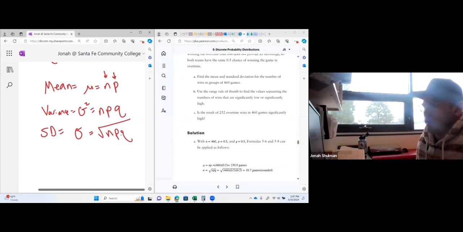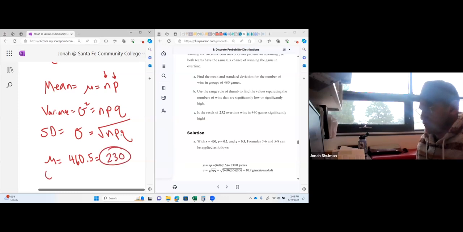So first let's get the mean. Our mean is our n, which is 460, and our p is just it happening. So what's half of 460? 230 games. Done.